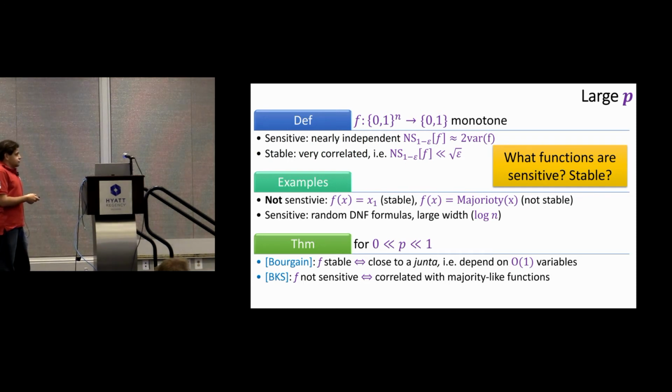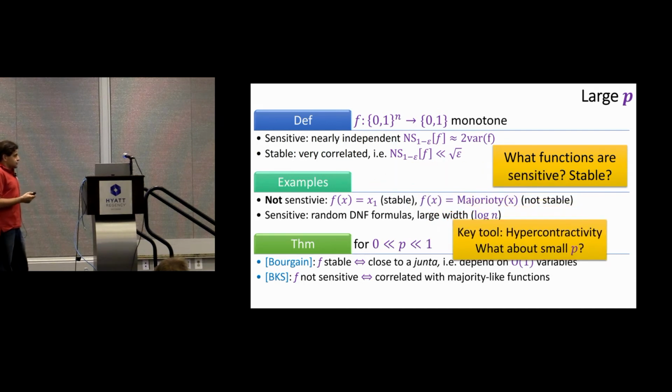Yes, so for P that is bounded away from 0 and 1, we have complete understanding. And this is due to this very important hammer called the hypercontractive inequality, that is used in both these results and essentially in all results in analysis of Boolean functions.